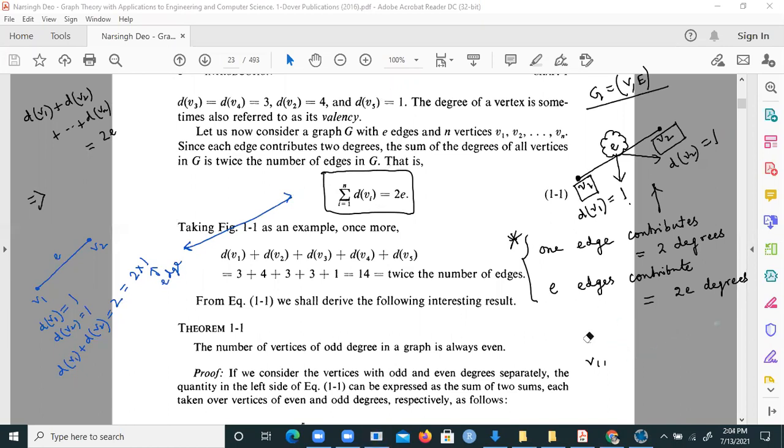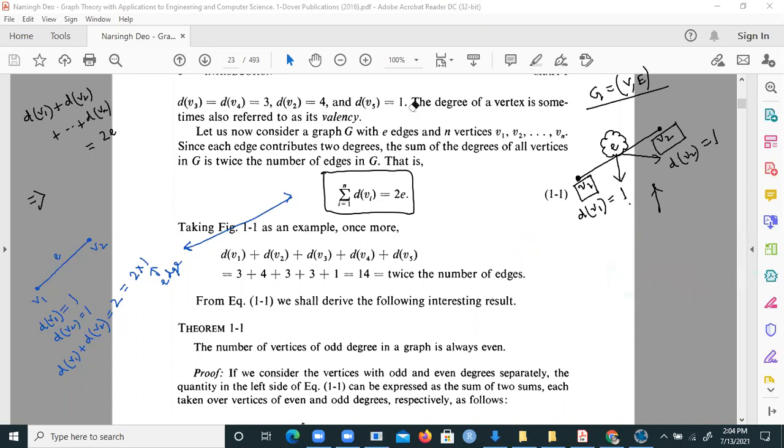Now, if I consider the other example that I drew, with self loop and parallel edge, let's see what happens there. Suppose I'm taking this graph V1 and V2 and connecting the 2 points by 2 edges, E1 and E2, and I'm considering a self loop like this, which is E3.